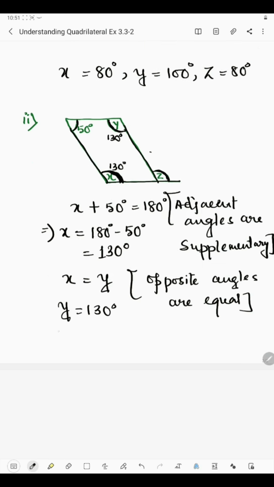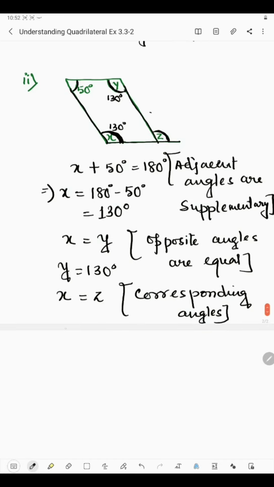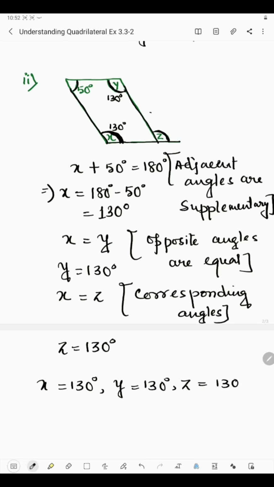So if angle x is 130 degrees, then angle z also will be 130 degrees because these two are equal. So we have got the values of x, y and z. x is 130 degrees, y is 130 degrees and z is also 130 degrees. Now coming to the next part.